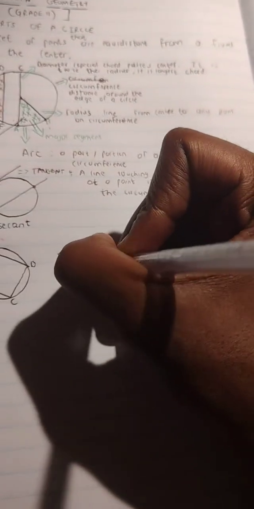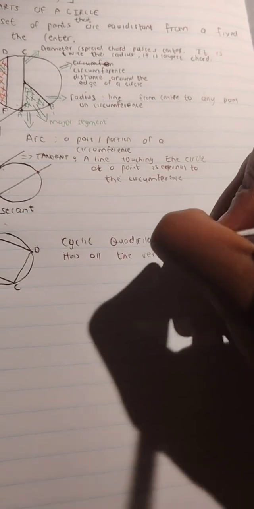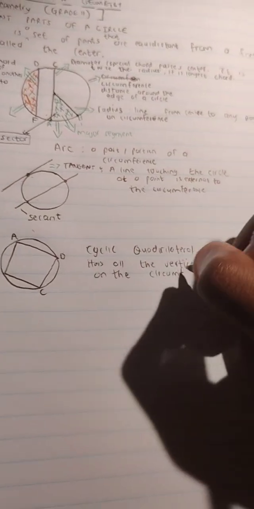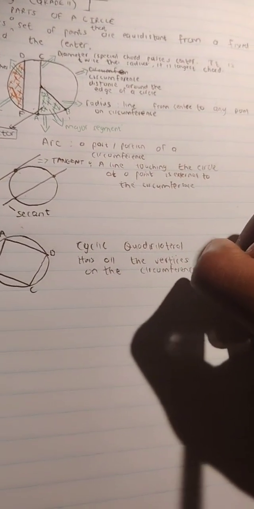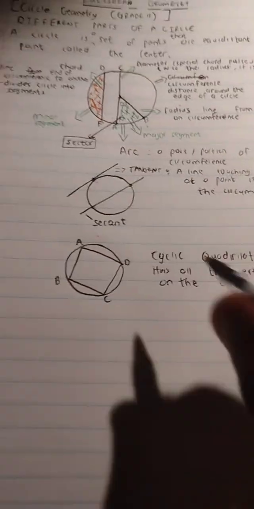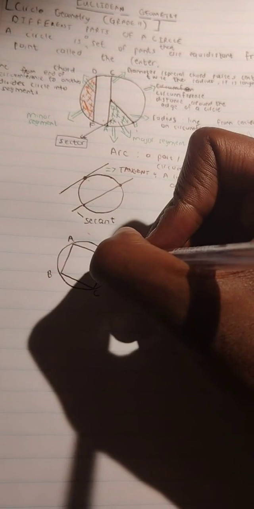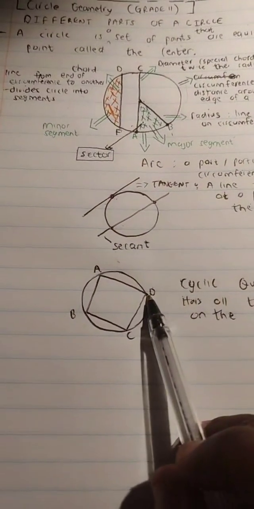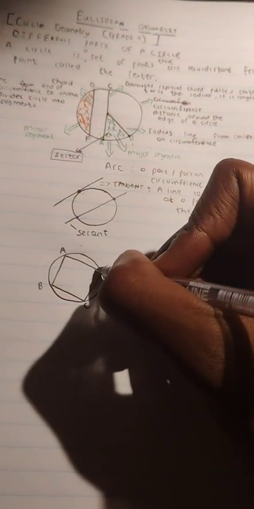Okay, it has all the what? All the vertices on the circumference. All the what? The vertices. By vertex, I mean the point that forms an angle.